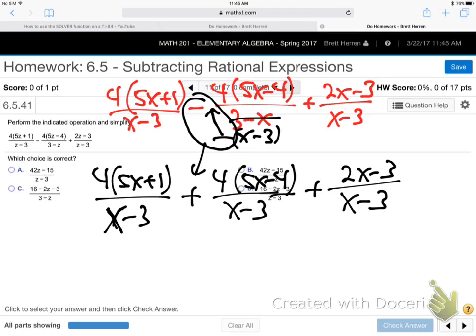So that's 42x. 4 minus 16. Minus 3. So this and this is negative 19 plus 4, is 15. Minus 16. This is negative 19 plus 4.